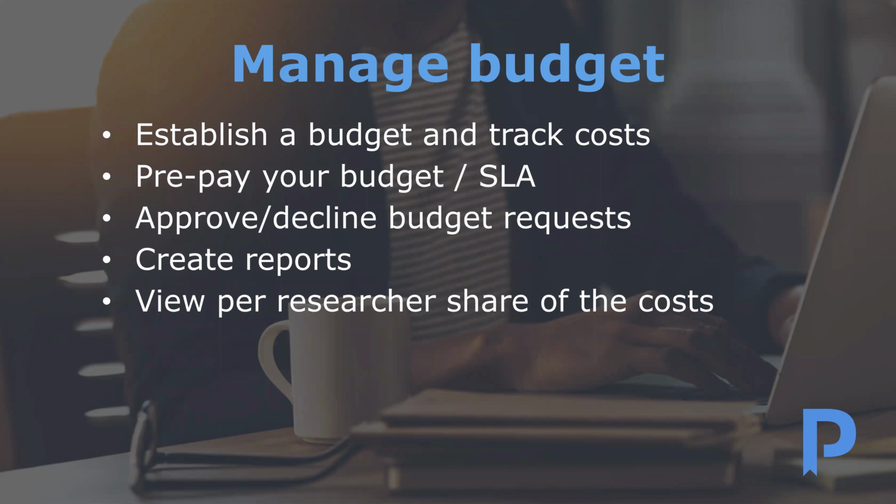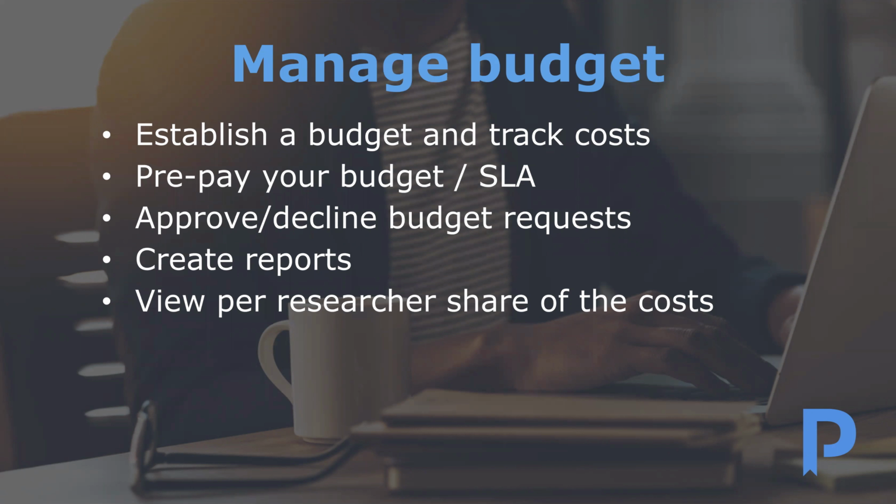The main idea is that the moment your institution starts working with the Cockpit, you can create a budget for your organization. Say you have something like $10,000 US per quarter, and you would like to see what projects you spend this budget on. You prepay it, and we offer you a service level agreement, which guarantees you a certain level of availability and a certain level of support.